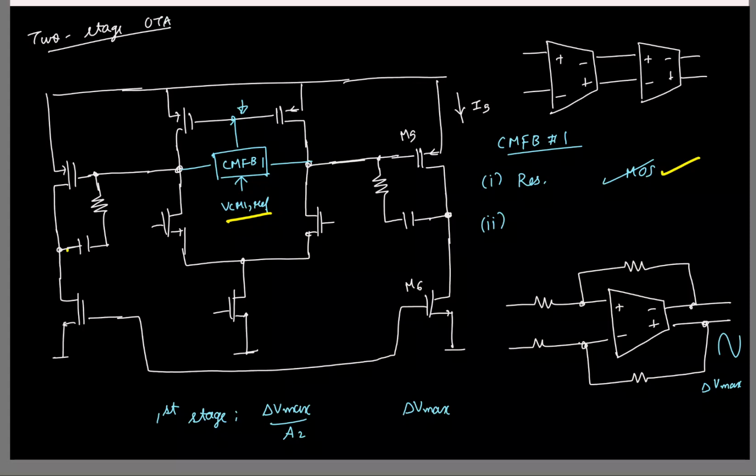You have to make sure that this VCM1 is such that the current in the second stage is I5. Is that okay? So now I need to generate a voltage VCM1 ref that when applied to the gate of this transistor M5 results in a current of I5. How can I generate such a voltage?